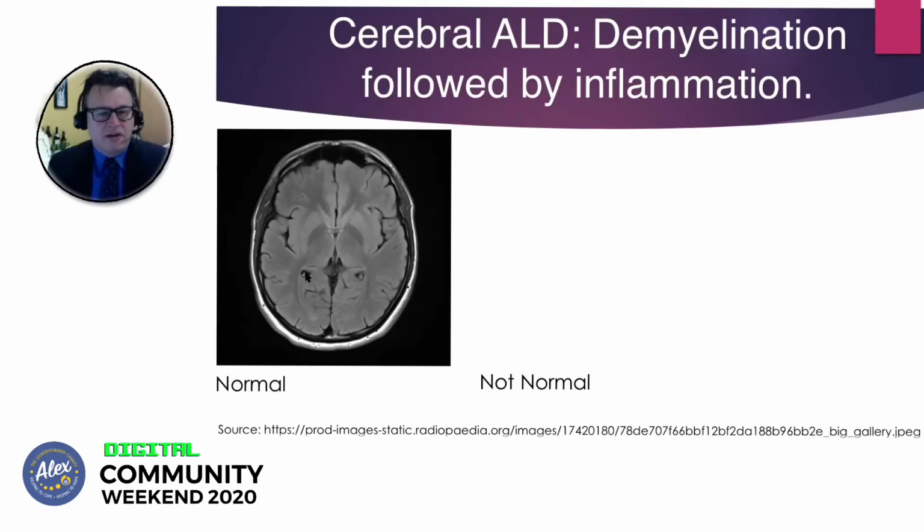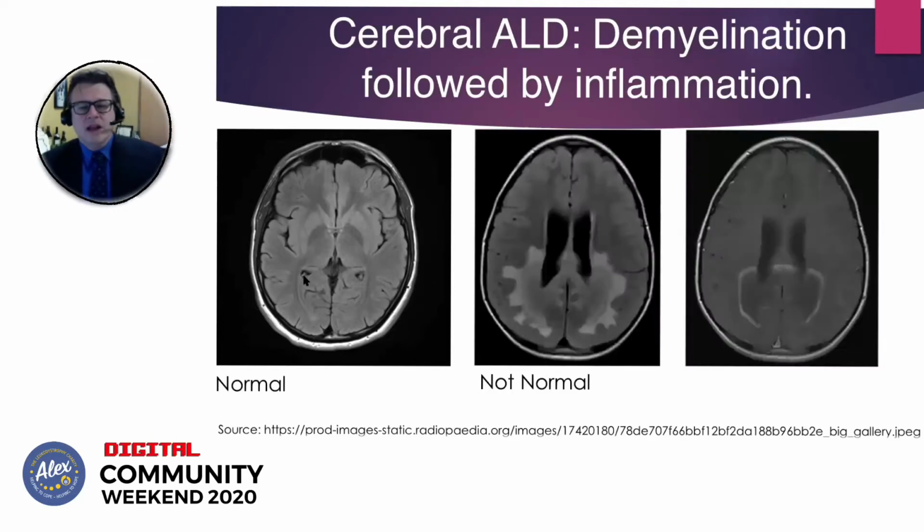The white matter are these darker zones through the interior of the brain. And then you see an MRI that's not so normal. These are MRIs from boys with cerebral ALD, and you can see in the center one there's a large amount of white signal. This is all a pathological disease process.